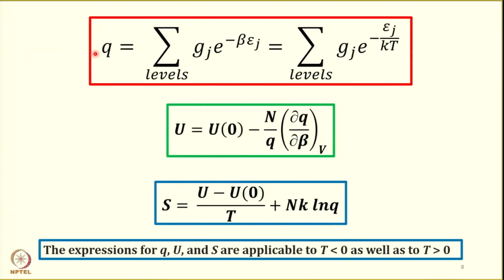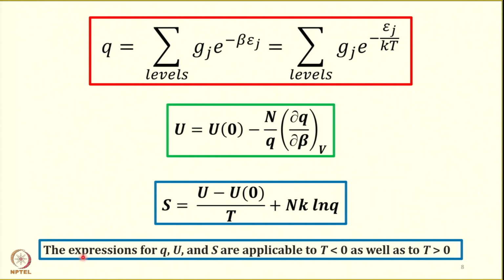So again, emphasizing that the expressions that we derived, for example for Q in terms of temperature, or U in terms of beta, where beta is essentially 1 over kT, or S, which we have talked about in terms of temperature and partition function, which is essentially again described in terms of temperature. In the derivation of these equations, we never said that these equations are not valid for T equal to 0 or T less than 0.